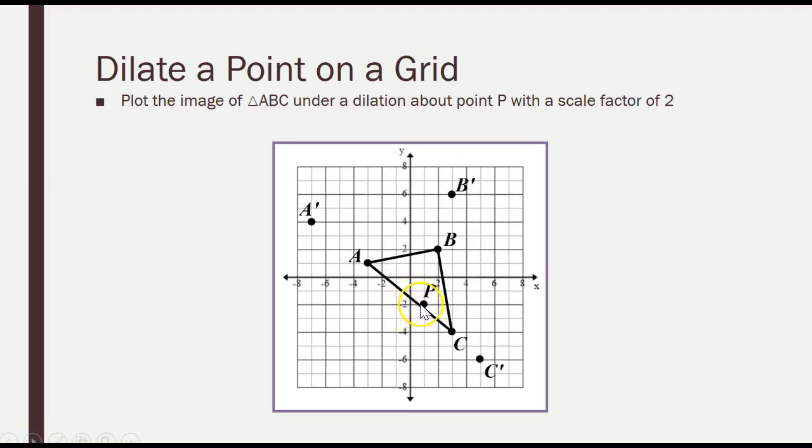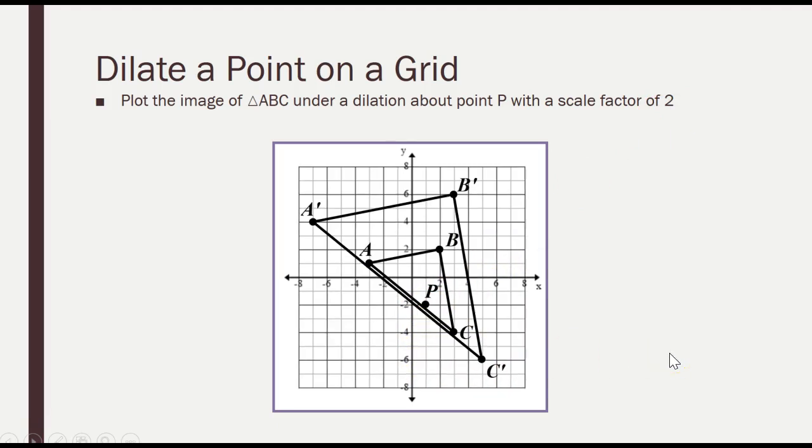And for C, which was down 2 over 2, I multiply both of those by 2, so I want to go down 4 over 4. So that is what my image is going to look like after I enlarged it by a factor of 2.